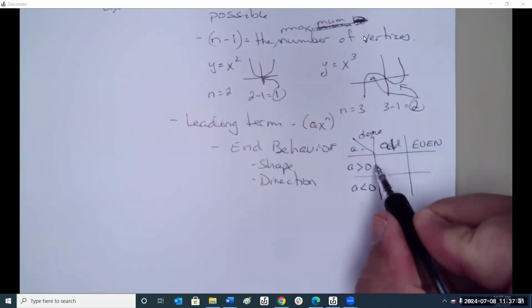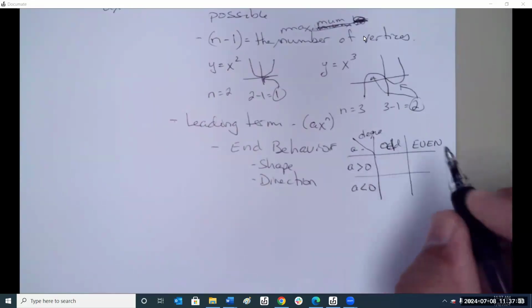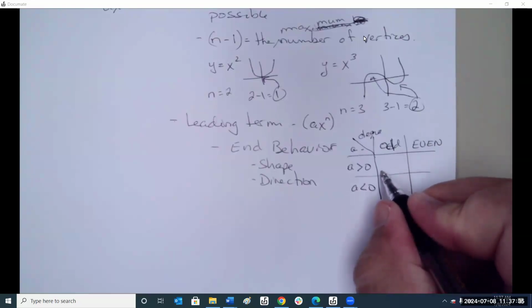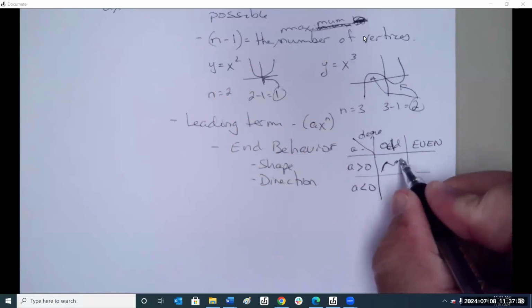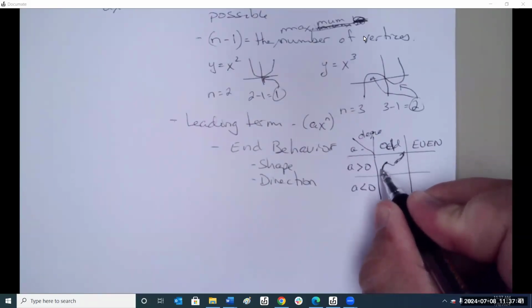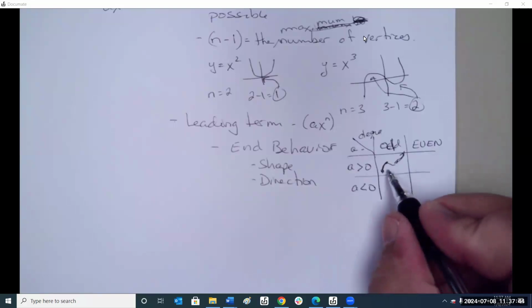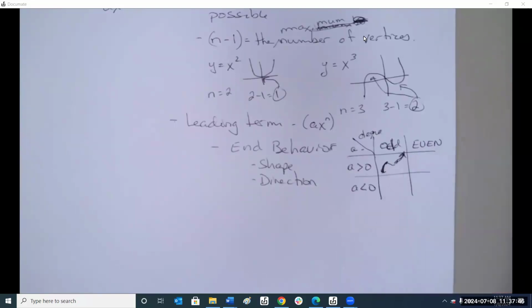So if A is positive and n, the degree, is odd, the end behavior looks like this. One side goes down, the other side goes up.